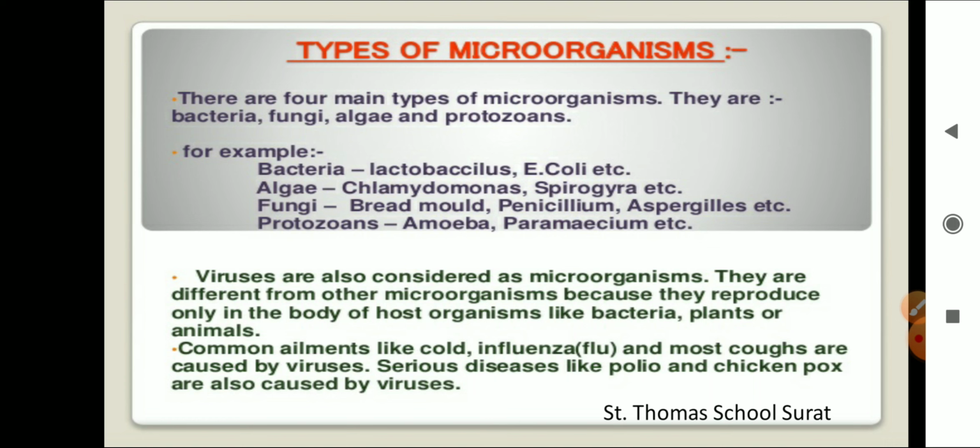Now, the other microorganism is viruses. Viruses are also considered as microorganisms, isn't it? They are different from other microorganisms. Why? Because they reproduce only in the body of host organisms. Host organisms like what?